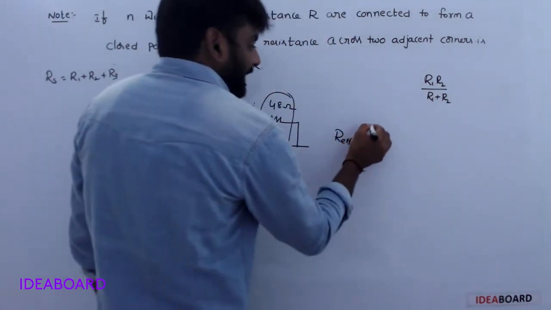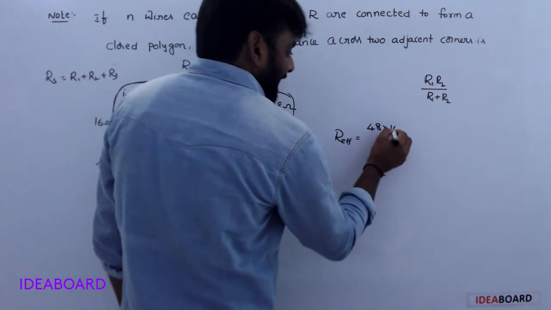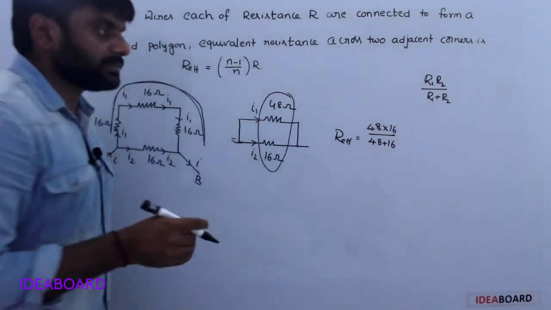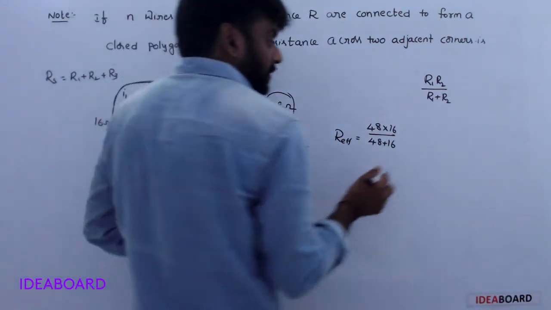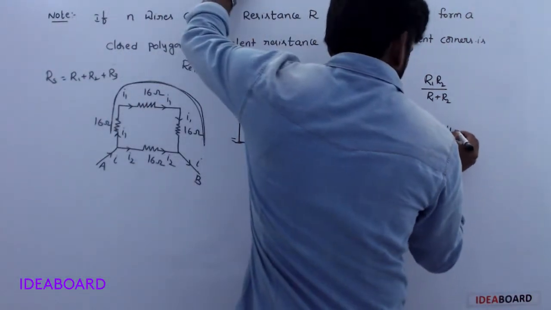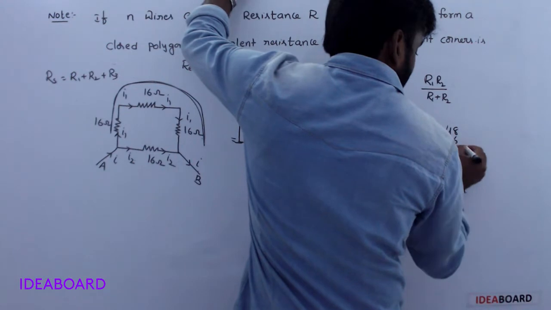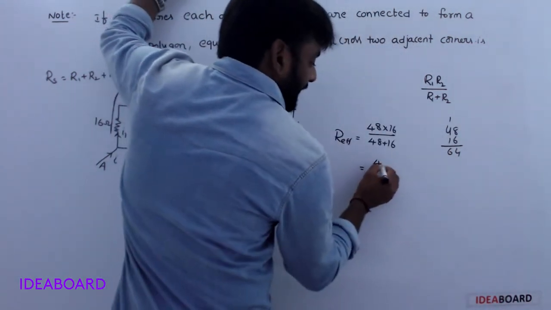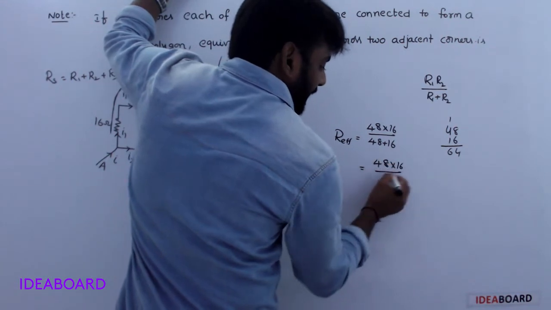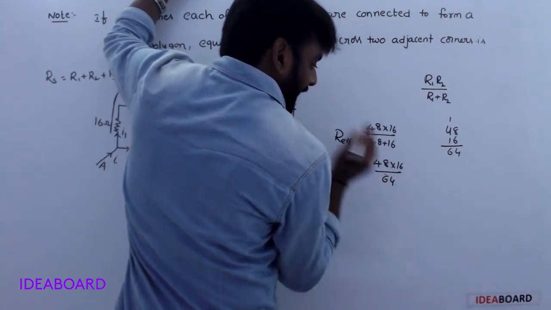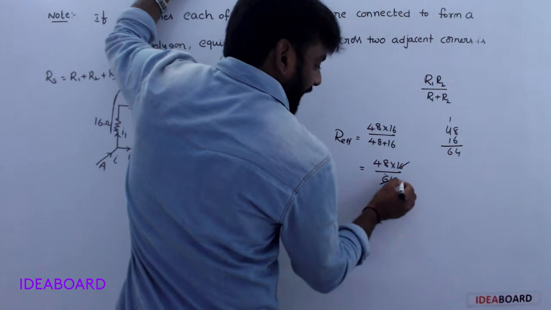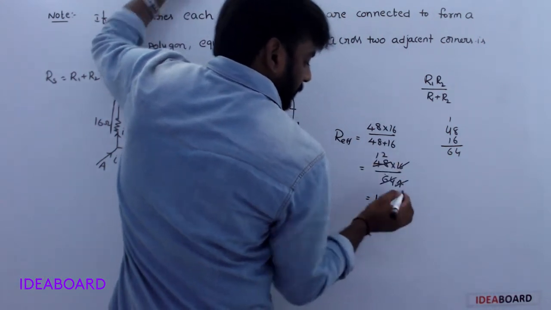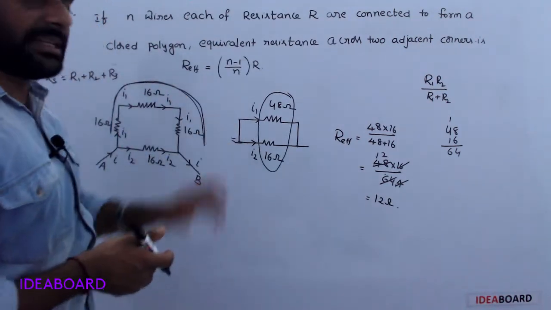So 48 into 16 by 48 plus 16, which is 48 into 16 by 64. 64 is 4 times 16, so 48 by 4, which is 12 ohms. The final resultant is 12 ohms.